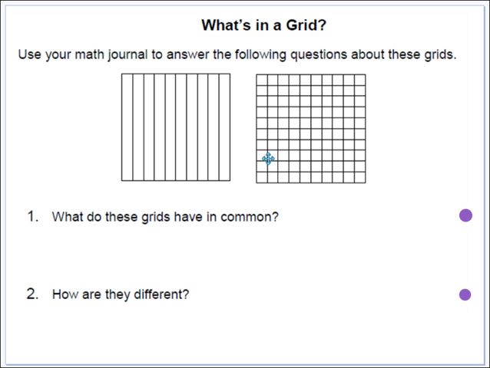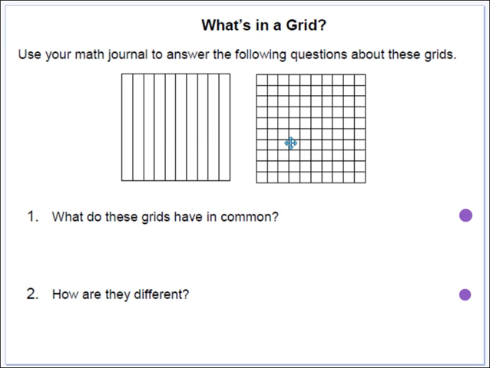Then we have another grid right next to it, which I can see the tenths right here going down in the columns, but they broke those tenths up into 1, 2, 3, 4, 5, 6, 7, 8, 9, 10 more parts. So if I take 10 things and I divide them up into 10 more parts, I'm going to get 100 things.